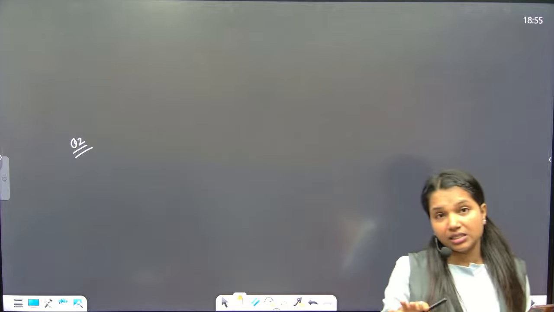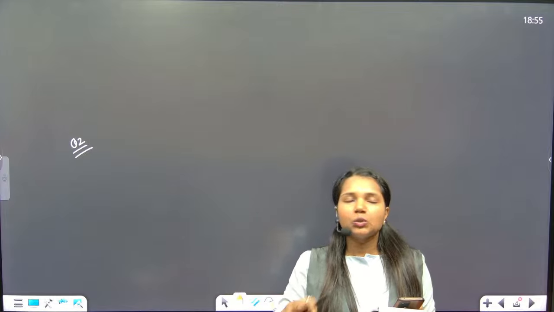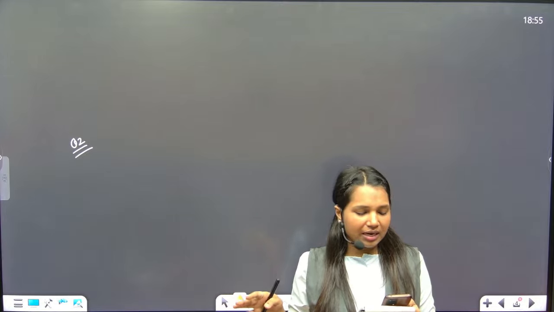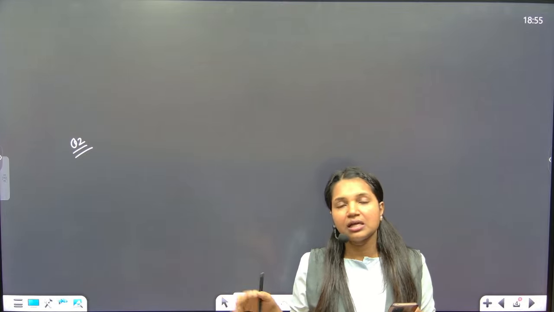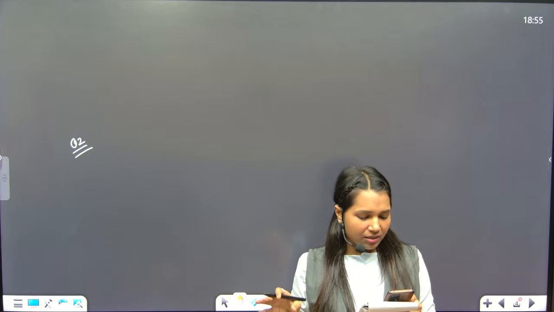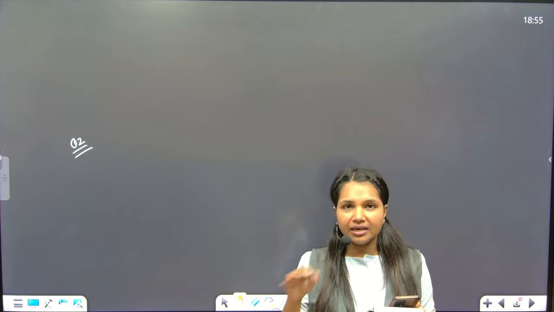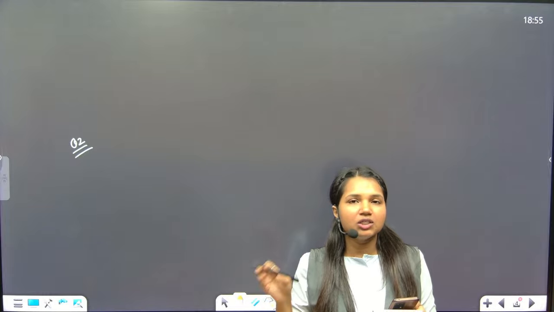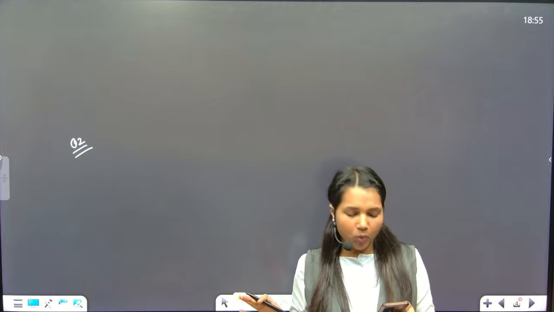This second question is being asked from purification and analysis. Mostly students will leave this topic, thinking that this is the last portion of the syllabus, and they will not read it properly. But I have told the students that the Carius method, Kjeldahl method, Dumas method, all of these are very important.